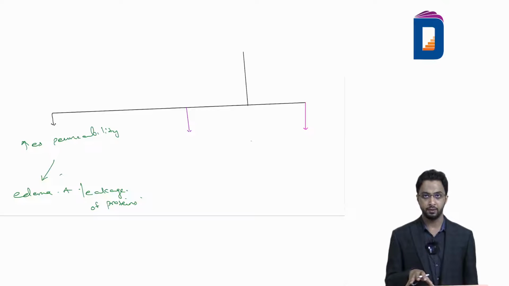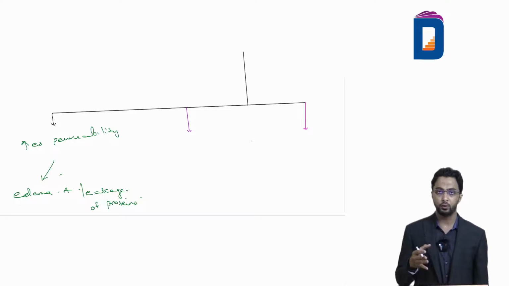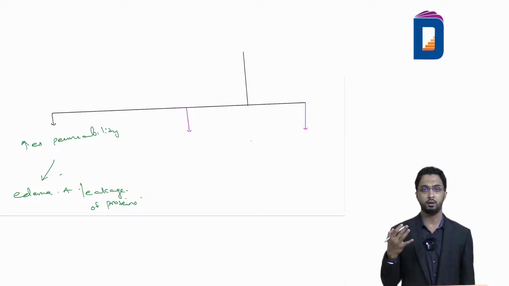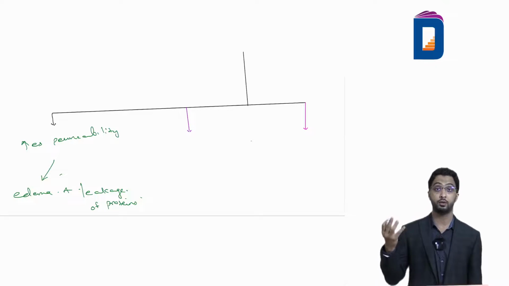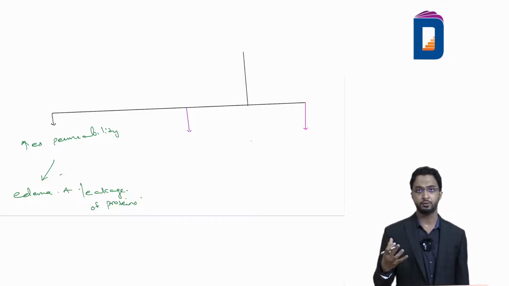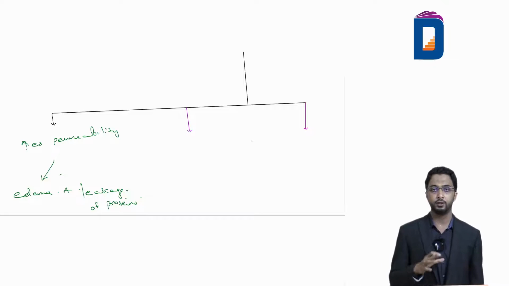Now, in inflammation, different types of cells come in depending on the bacteria and different organisms. For bacteria, a typical kind of cells come. For virus, different cells come. For tuberculosis, different types of cells come. So all these are associated with inflammation.